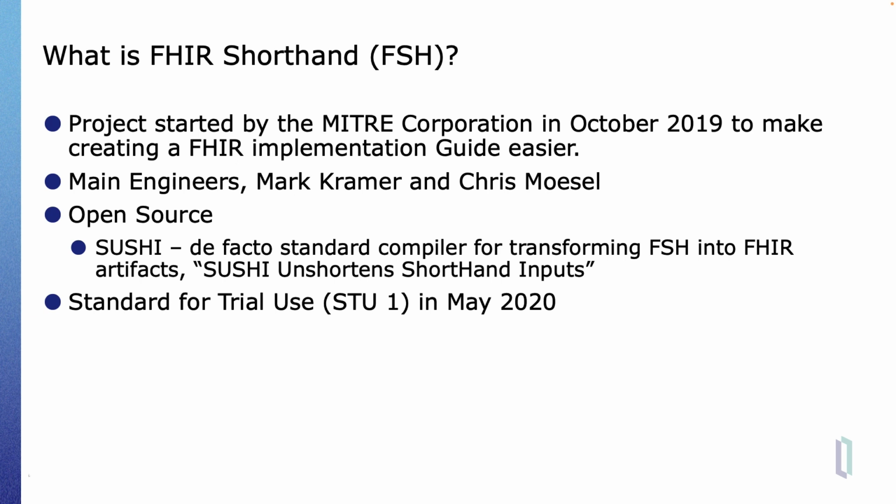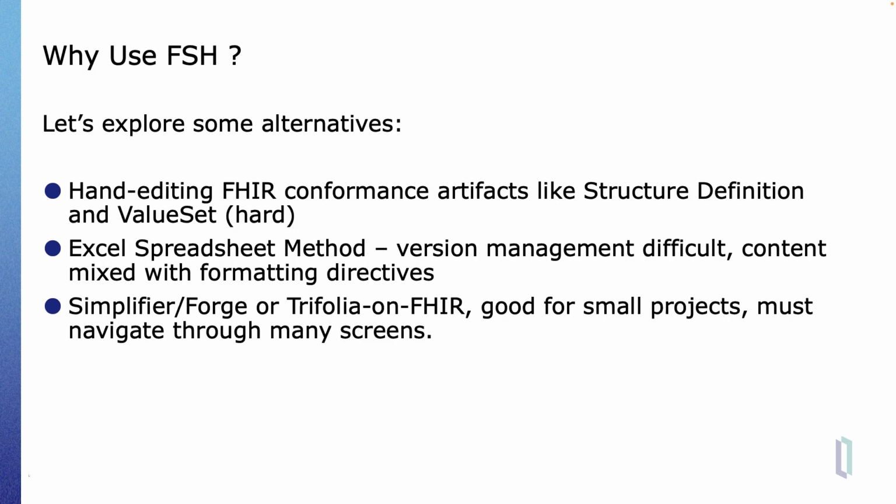Now, one thing you're going to notice is that the creators of FHIR Shorthand, the MITRE Corporation, love fish puns, hence FSH or fish. Nevertheless, in my opinion, FSH is the leading tool for building FHIR profile and implementation guides, as we'll shortly see. FSH has excellent tooling, including a plugin for Visual Studio Code, which we'll soon use.